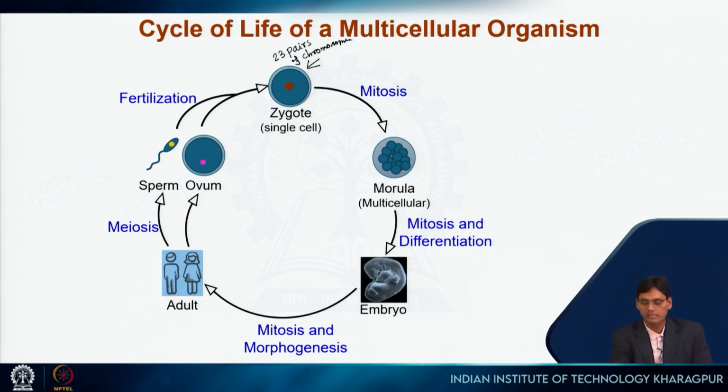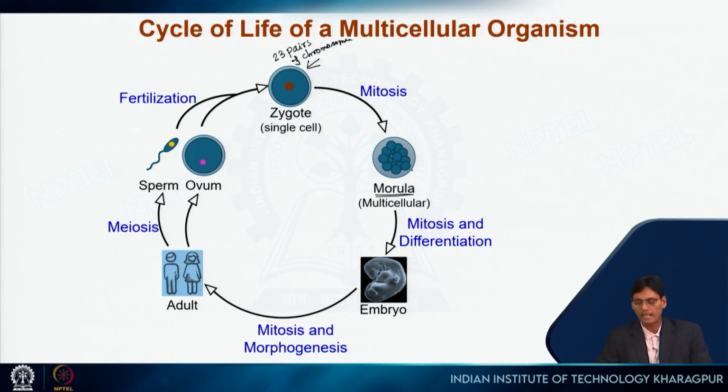So at this stage, as you can see, only a few cells are present, and these cells have the property that they are called stem cells. You already know this from your module 5 lectures. These stem cells have the potential to make different types of cells in our body.